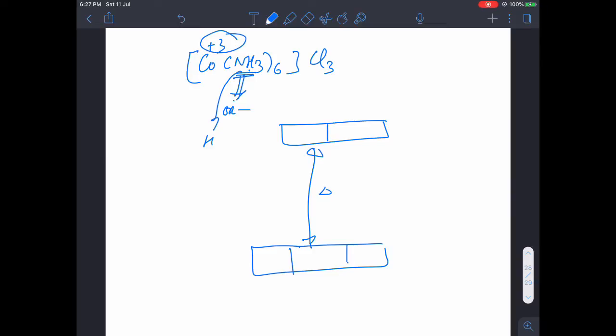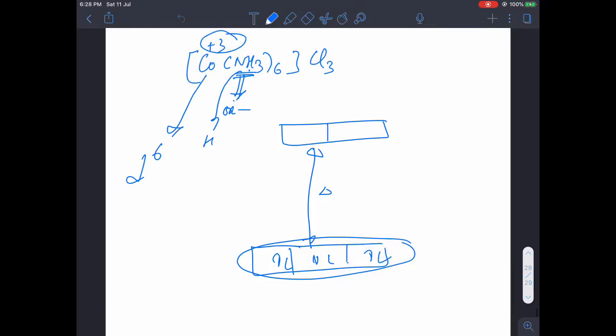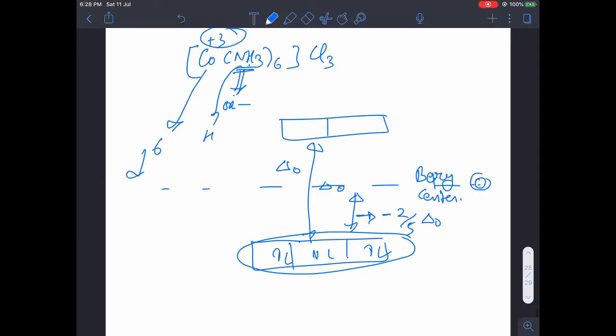Okay, so what is the configuration? It will simply be d6. So 1, 2, 3, 4, 5, 6 here. What have they asked? They are asking about the CFSE for this. Now how do we calculate CFSE? You know this is delta O, and this is the average energy where we assume the barycenter, and here 0 is there. This gap of energy in terms of the total delta O is minus 2 by 5 delta O. How many electrons do we have?